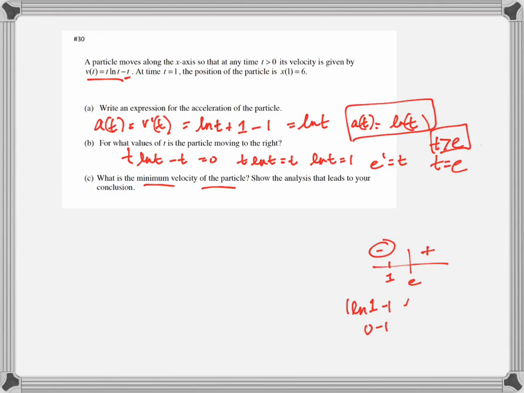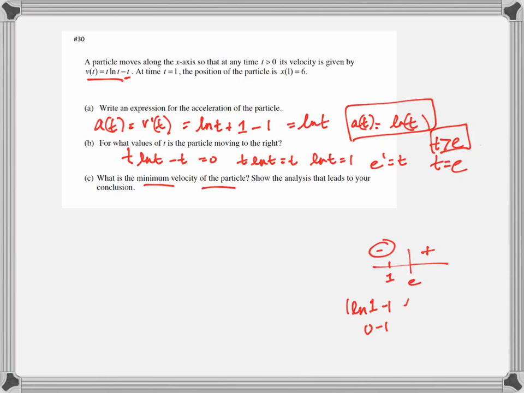We got e. Okay, no. It asked for the minimum of the velocity, not the minimum of the position. So I have to take the acceleration, tricky, and set that equal to 0.